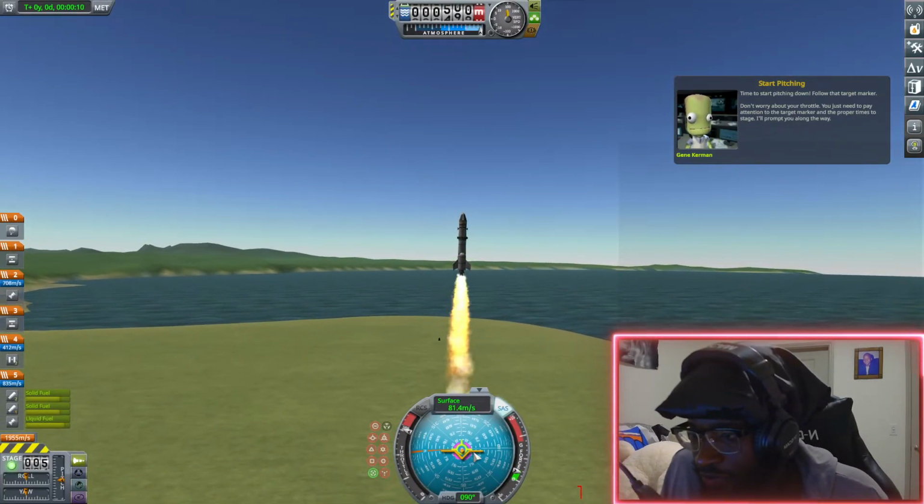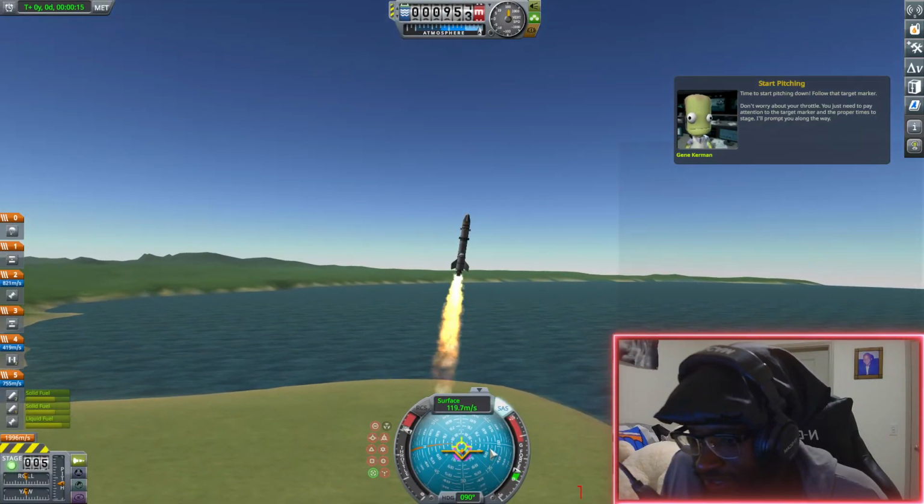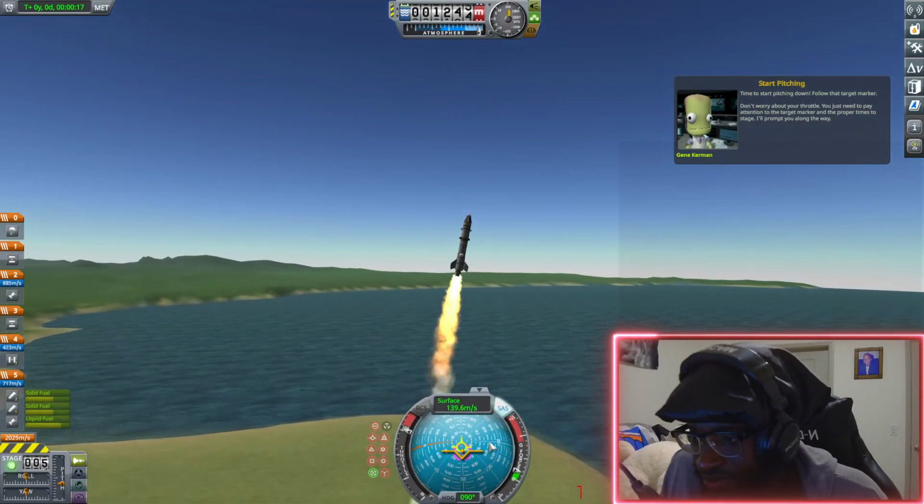Like, you're just supposed to follow the purple, essentially. Which I was doing. Just pitching down.